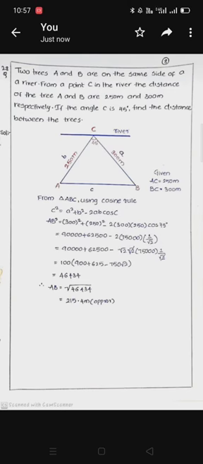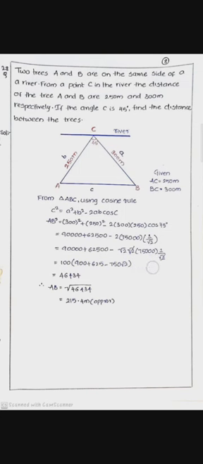So we have root 2 in the denominator. This root 2 cancels with the 2, so only root 2 remains. By simplifying, we take 100 common from these terms. So we get 900 plus 625 minus 750 root 2. Now by simplifying the total, we get the value 46,434 approximately.